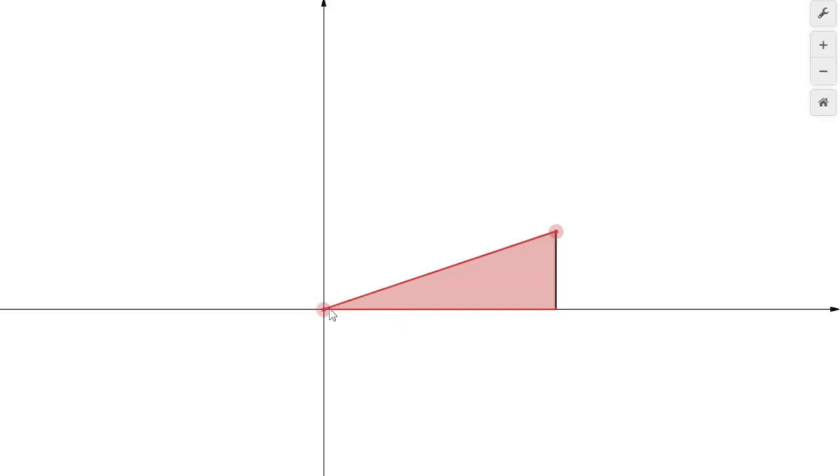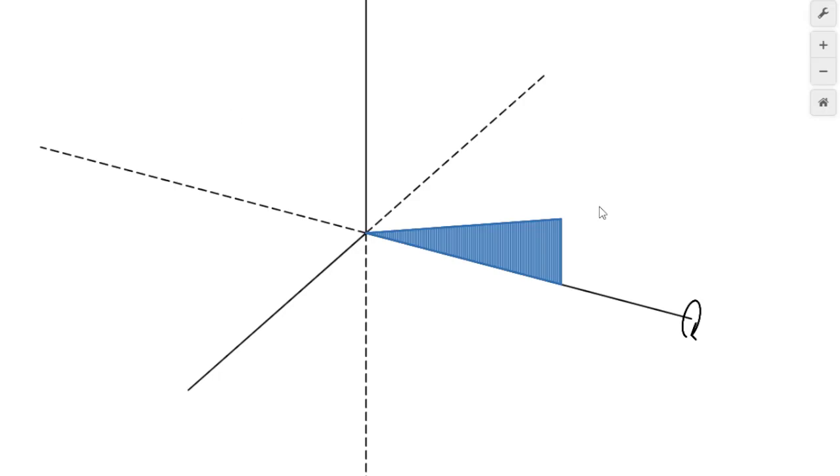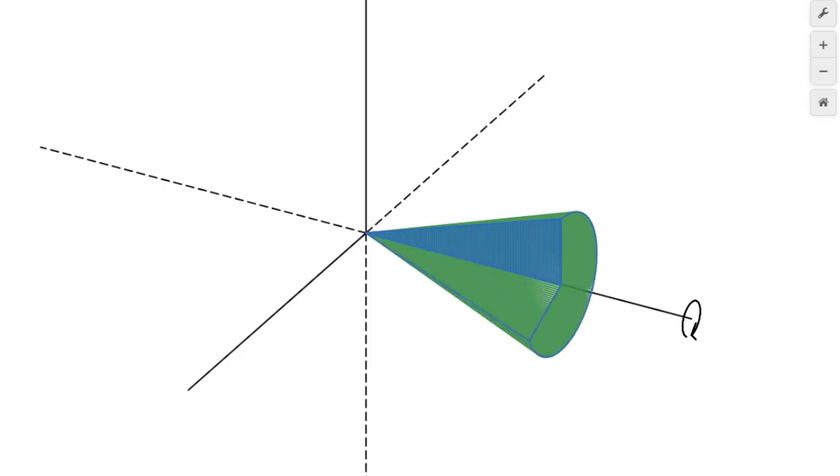And here we have that right triangle, with a 90-degree angle right here. Then the rotation will happen. Once we make the rotation, we have the cone.